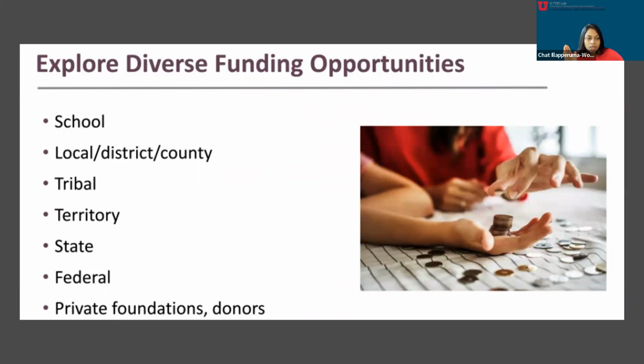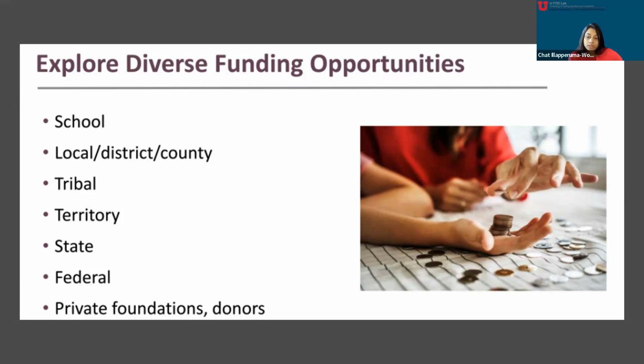So very briefly, here are some examples. At the school level, you have principal discretionary dollars, funding from parent-teacher associations or organizations, private donors. At the local level, you have taxes, community businesses, general revenue. At the state level, you have block grant programs that help develop school behavioral health infrastructure.